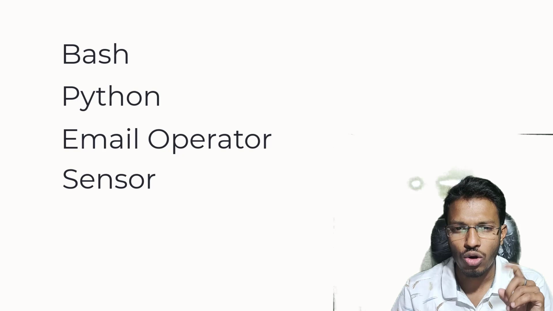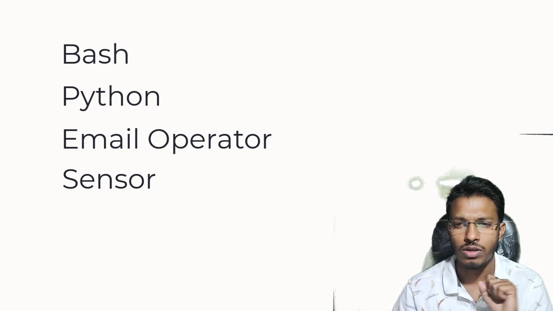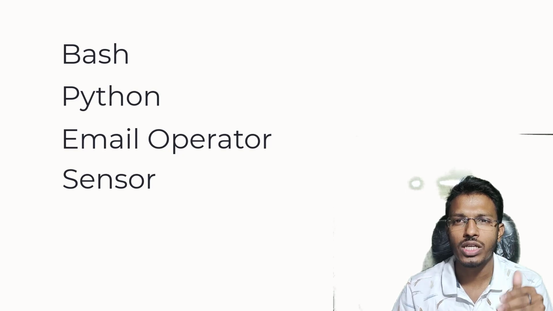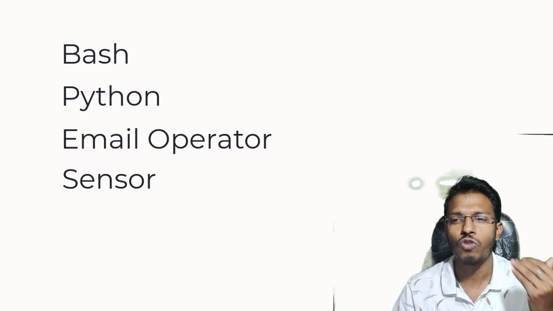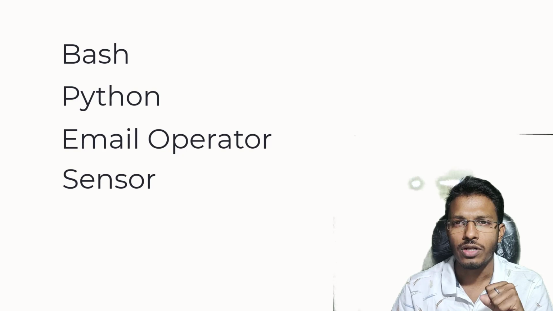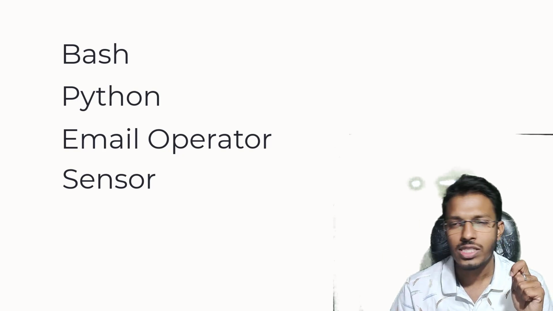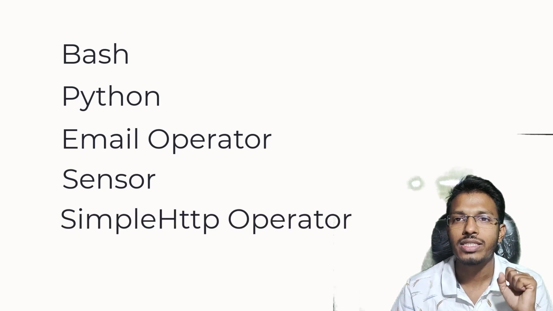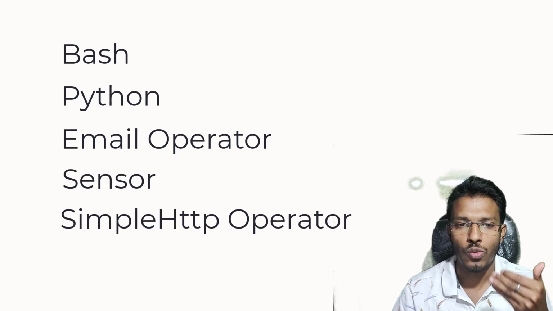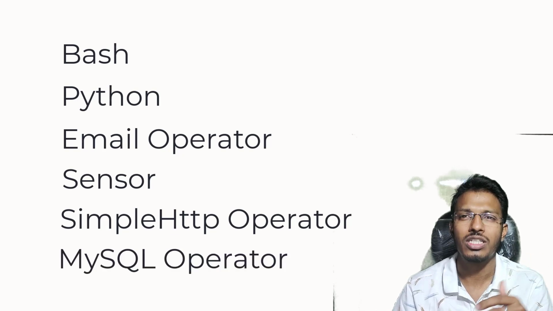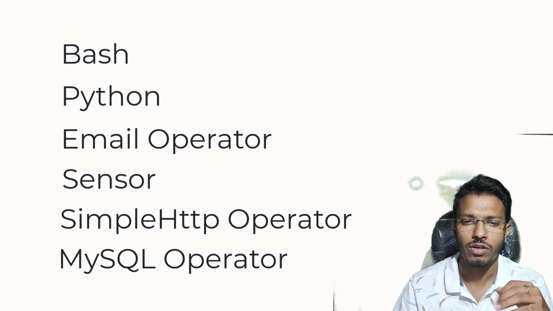Let's say you are loading data from source A, and source A is empty. The sensor will keep checking whether the file has arrived or not. When it arrives, it will send it on to the transform. There is the simple HTTP operator, which sends an HTTP request, and there are the MySQL operator and SQLite operator, which execute a SQL command.